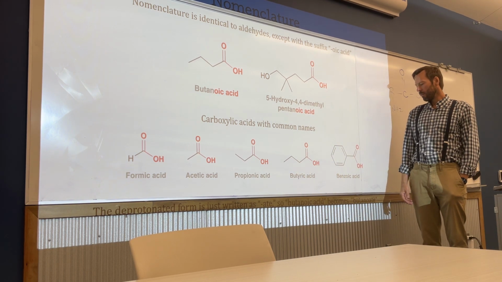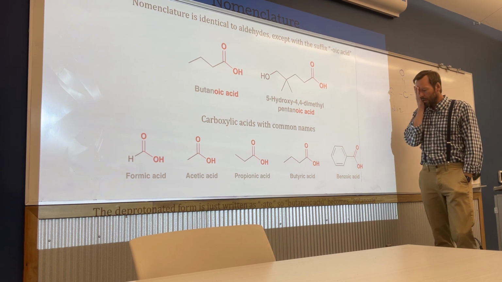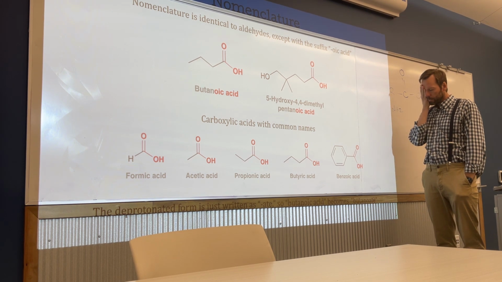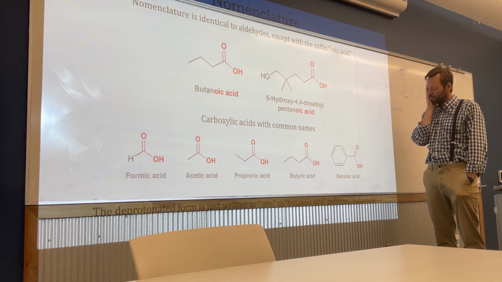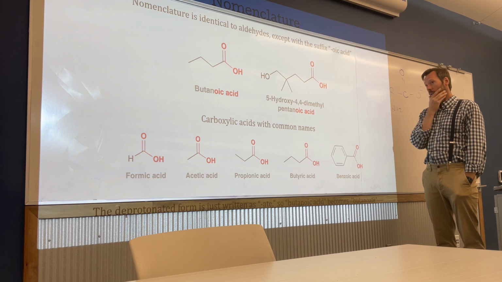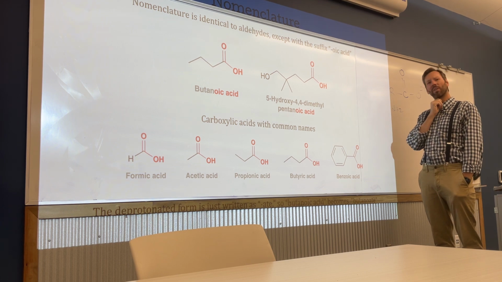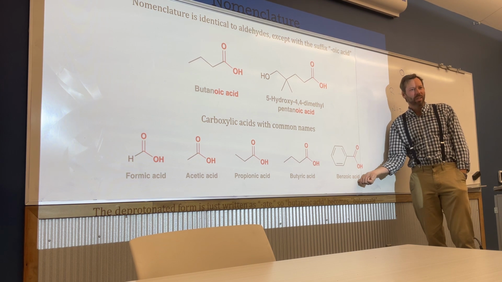And then benzoic acid would be essentially, I think it's benzene carbaldehyde. Carbaldehyde is that. What is the IUPAC name? This is one where I only call it benzoic acid.